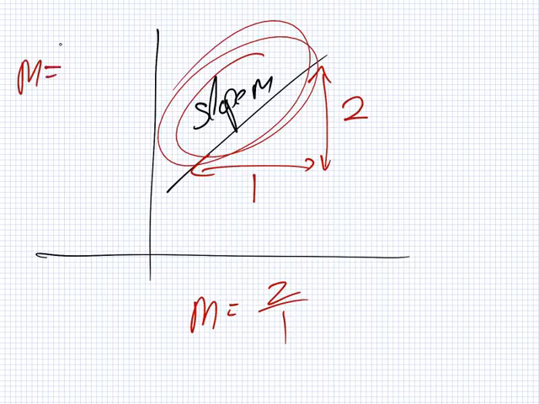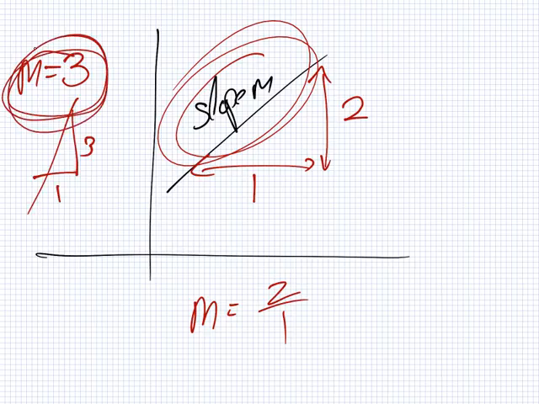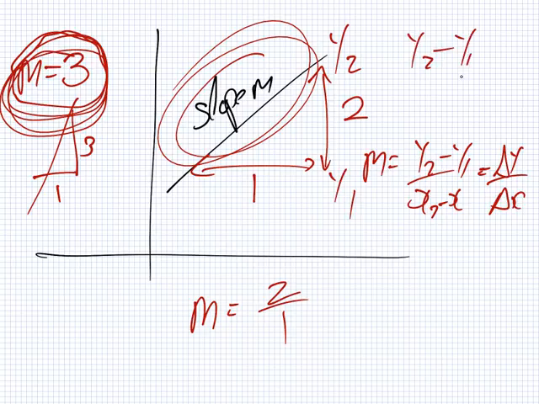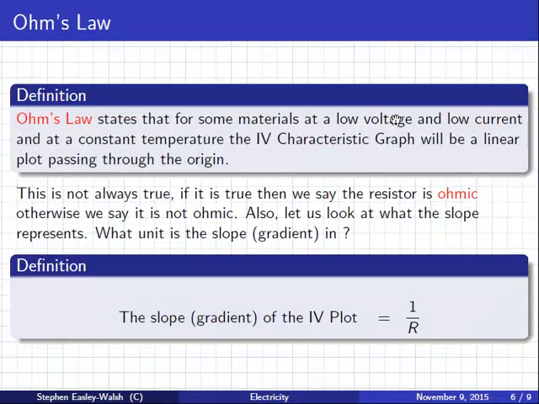If the M is 3, we mean go out 1 and go up 3. That's the meaning of it. You did this in math class? You did it like this, look. That's the same thing. Delta y over delta x. Because if this is y2 and this is y1, then y2 minus y1 is this. Okay, great. Alright.